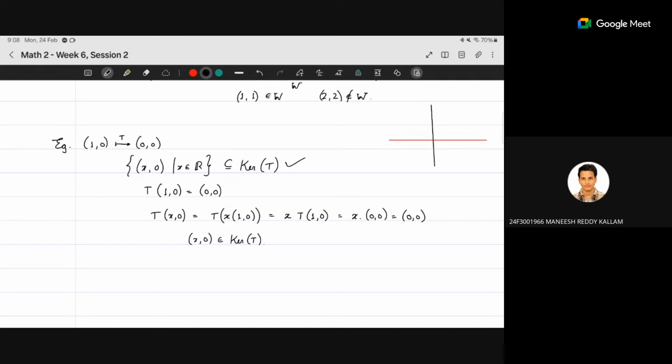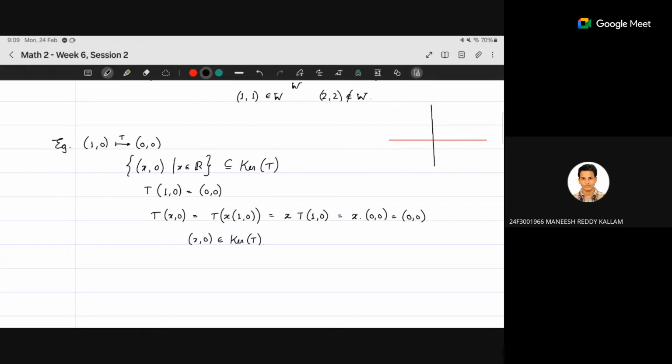If (0, 1) also goes to (0, 0), then it will form a zero transformation. What would the kernel be? Yes. If (1, 0) goes to (0, 0), and (0, 1) also goes to (0, 0), then (x, y) will go to (0, 0), right? Because (x, y) is x times (1, 0) plus y times (0, 1). Use the linearity properties.